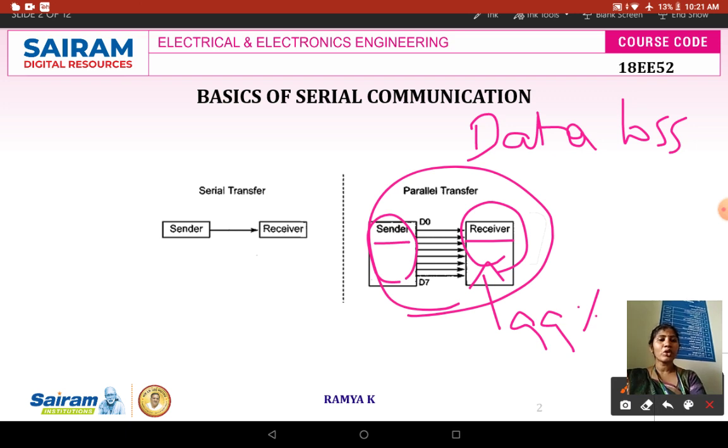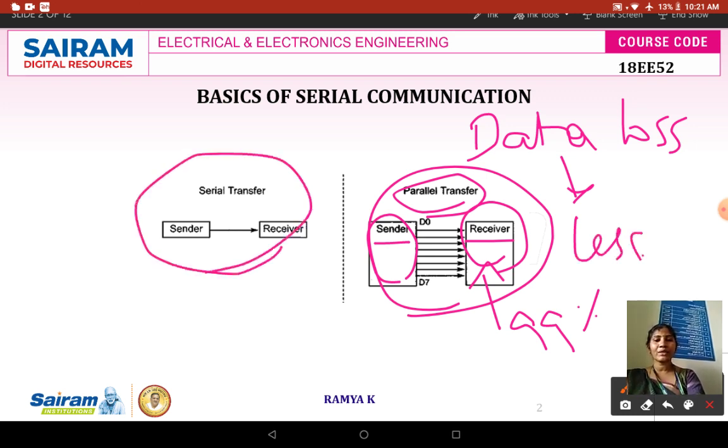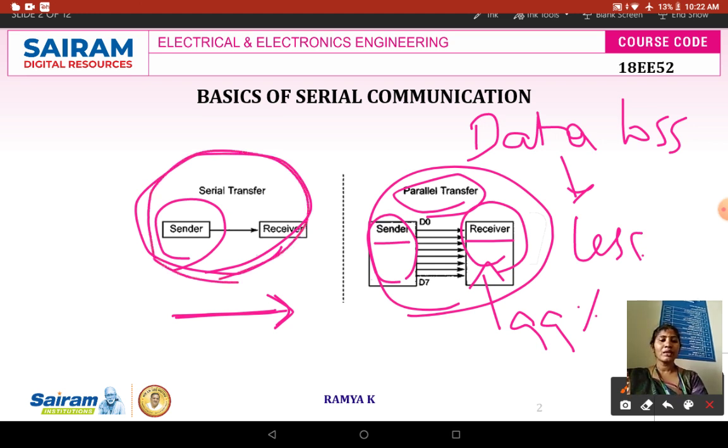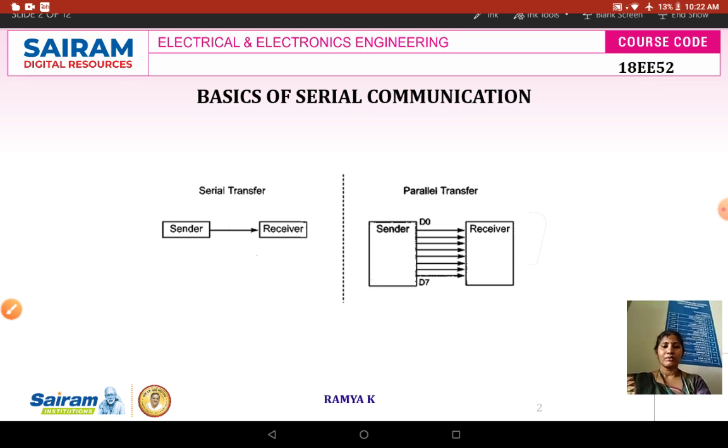So the loss of data in case of your parallel transfer is less, whereas in case of your serial data transfer, the loss of data is going to be more, because it is going to transmit only one bit at a time. We are going to place only one bit in the transmission channel, and we are going to wait until the next start bit is enabled on your sender side. So here the data loss will be more in case of your serial data transfer.